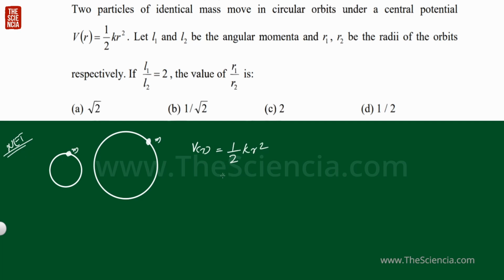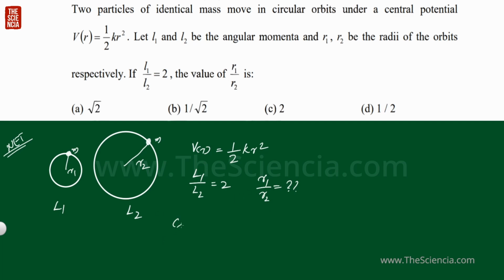And L1 and L2 may be their angular momenta, and R1 and R2 are the radii. And the given L1 by L2 is equal to something, and we have to find out R1 by R2. So this is the question.